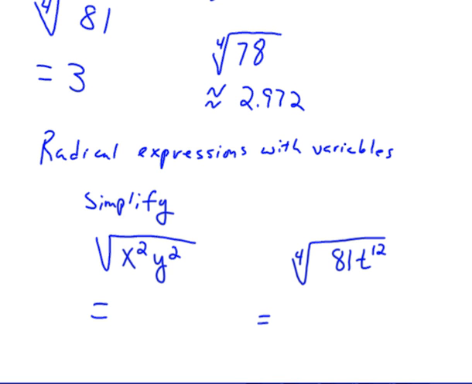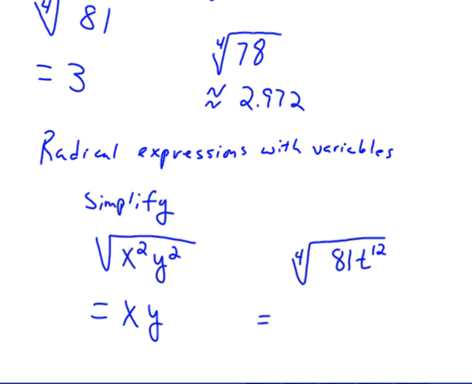Okay, so radical expressions with variables. Let's simplify. What multiplies by itself to get x squared y squared? xy, right?